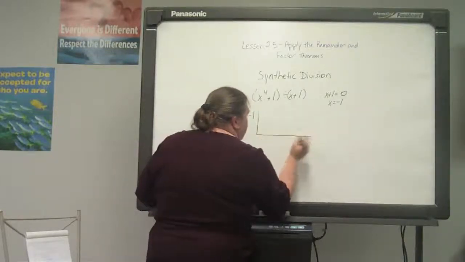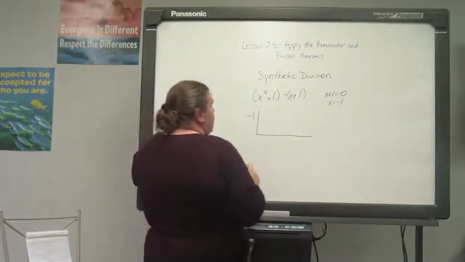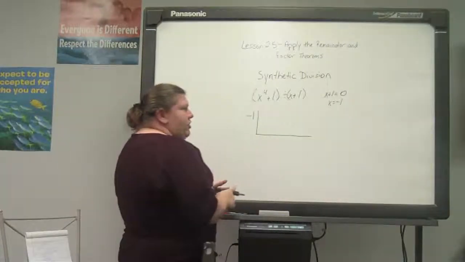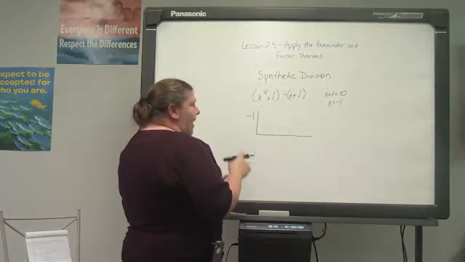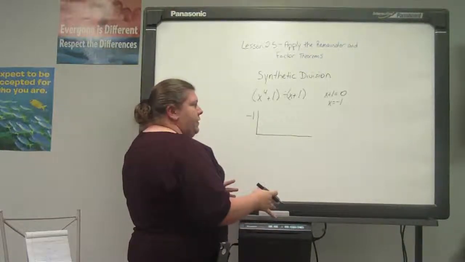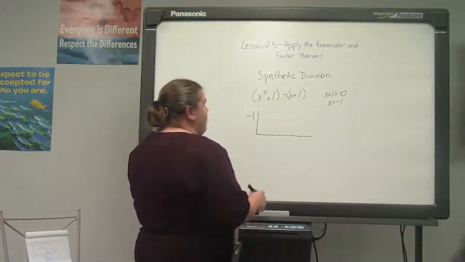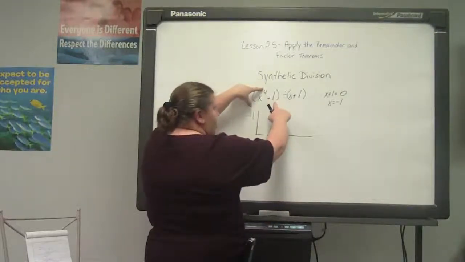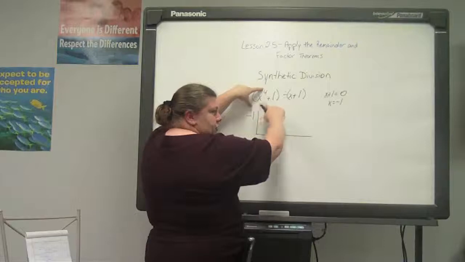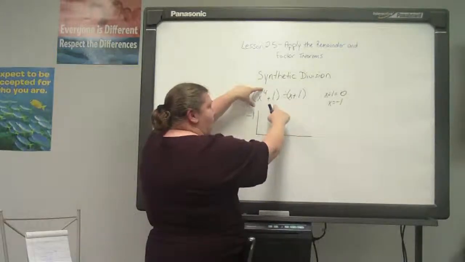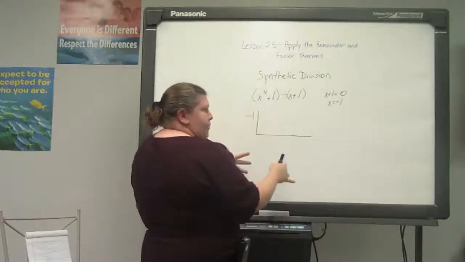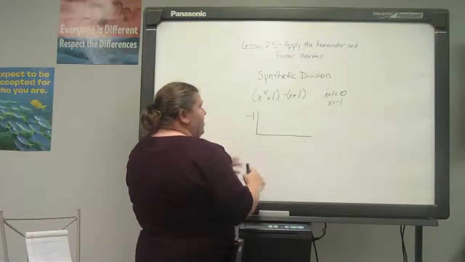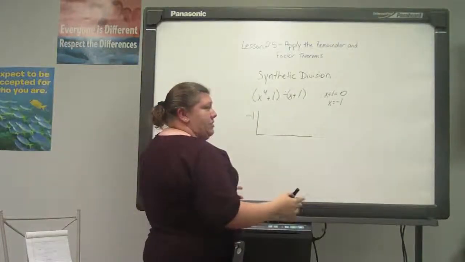So now we can say our x is a negative 1, so we can put that outside of our synthetic division box. The other thing to keep in mind when you're using synthetic is you have to have standard form, and standard form says you have highest exponent down to no exponent with no gaps. If you have a missing exponent, then you need to put a 0 in that place.